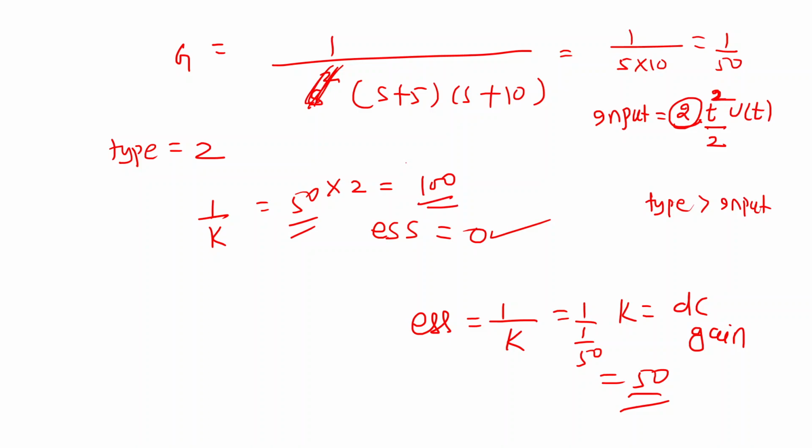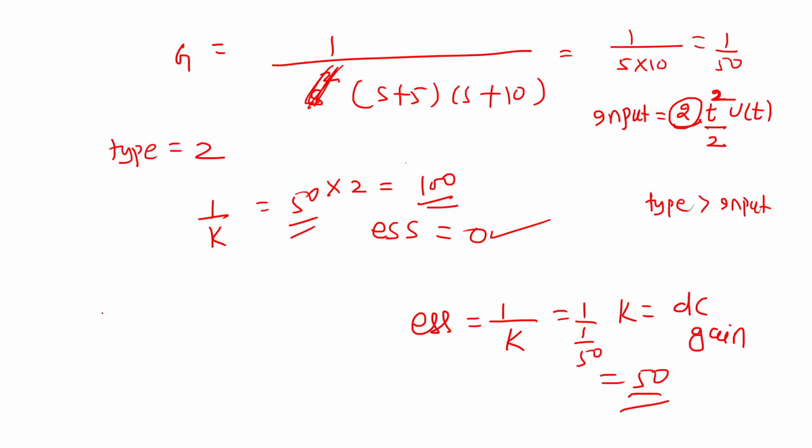Understand my point? Yes, sir. So in this way, by looking at the question, you can tell the answer. Okay, you don't need to solve. Because in control systems questions, in the GATE exam also, in numerical exams also, they will never go beyond third order systems.